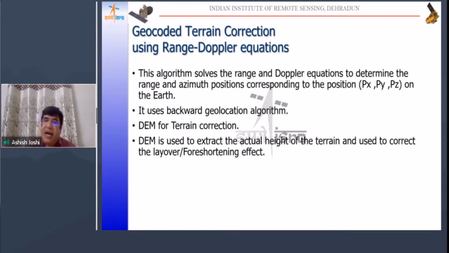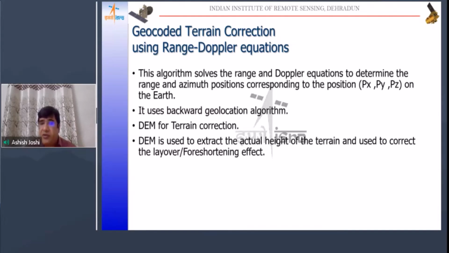So we calculate the pixel values of the SAR image, and that ij value we fill in at that position. That is called the backward geolocation algorithm, in which we use lat long to ij conversion.